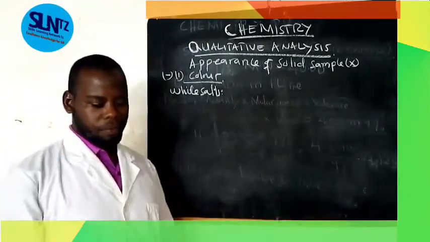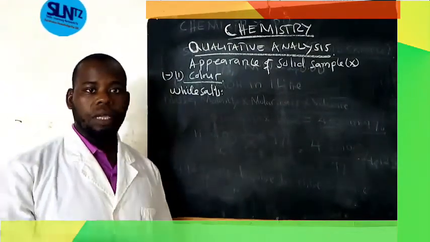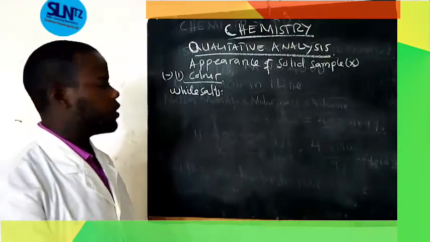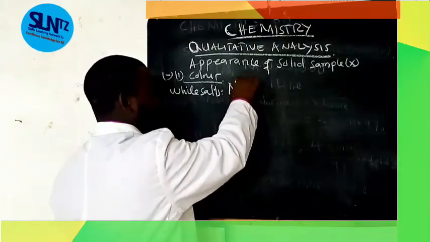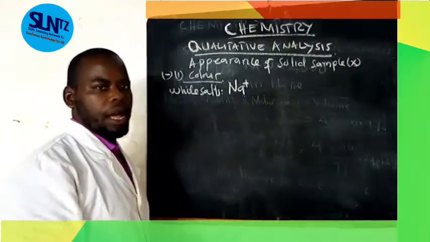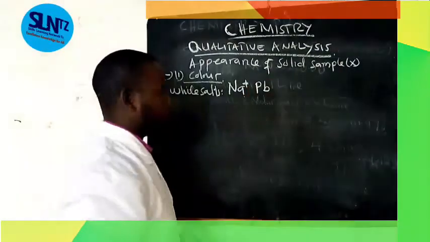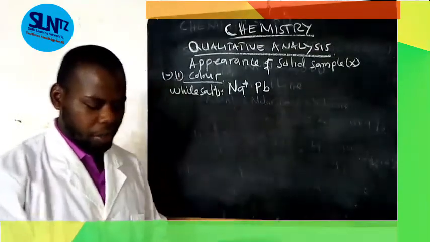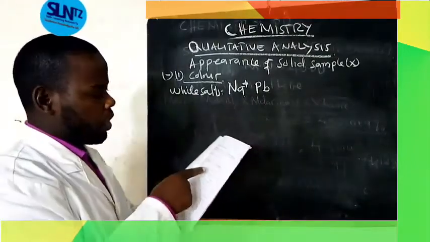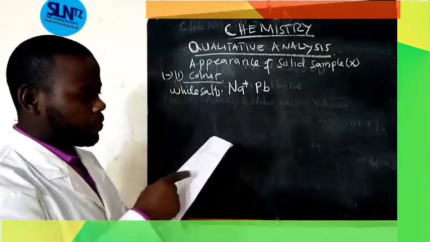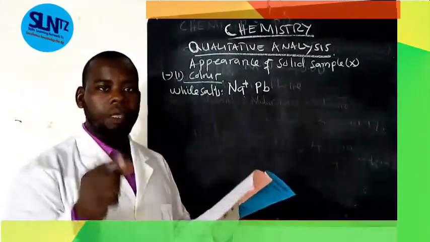In O level, for the white salt, I expect to get the sodium ion. I expect to get the lead ion. When you open your sheet inside of white, there is ammonium, sodium, calcium, zinc, lead, and transition metals may be absent.